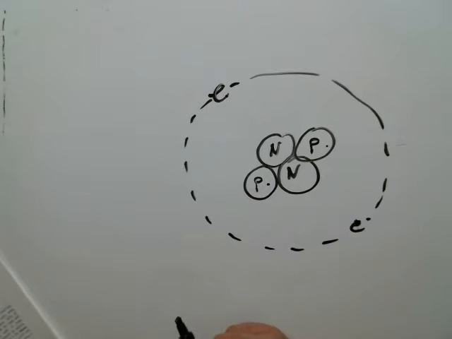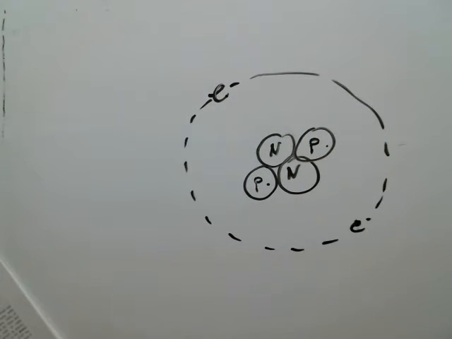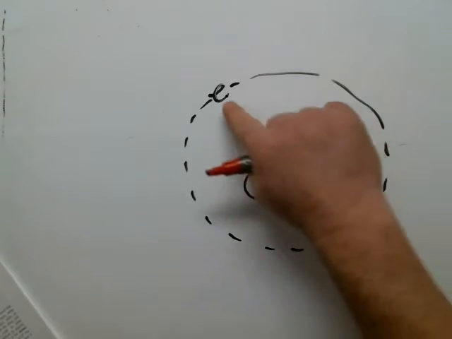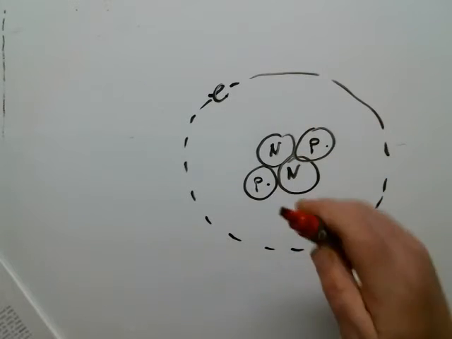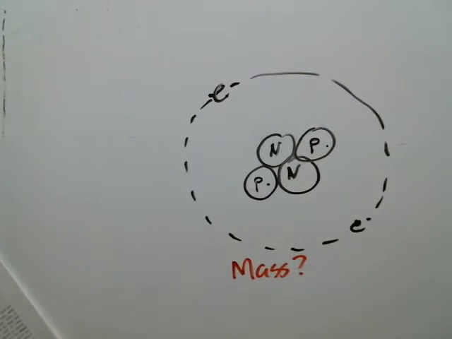And some things we learned about this. We need to be able to make measurements of these very small things. So we're going to measure the mass of electrons and the mass of neutrons and the mass of protons. How would I measure their mass? Well, we're going to use a unit called the atomic mass unit.